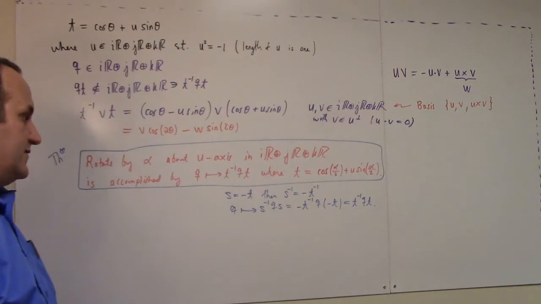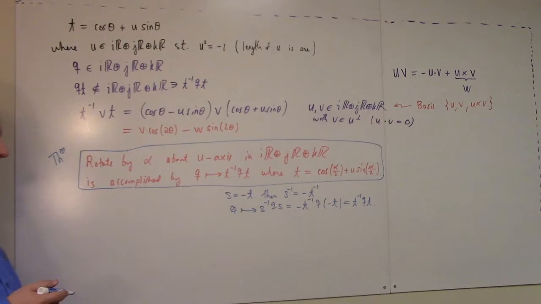In other words, the correspondence between unit quaternions and rotations is not one-to-one. The unit quaternion T and the unit quaternion minus T both produce the same rotation, in the sense of the conjugation on the unreal part.